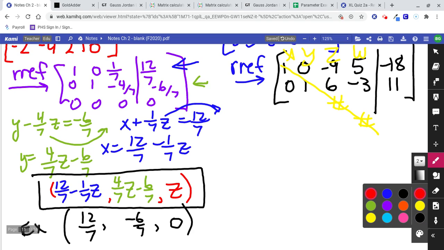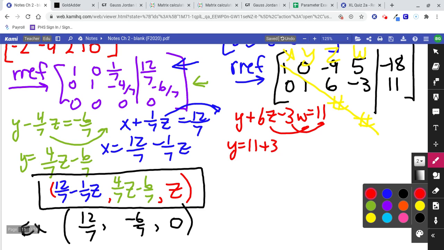So all I would do is take that middle equation, which says y plus 6z minus 3w equals 11, and isolate the y. I want y in terms of my 2 parameters. So subtract this over, add this over. You'd have y equals 11 plus 3w minus 6z. Doesn't really matter what order you're in.